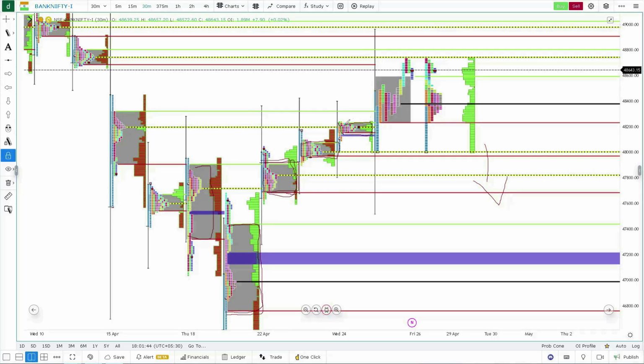So this continuously decreasing value area tells you that the momentum is decreasing in the market, and there is a good possibility the momentum is going to expand at some point of time.